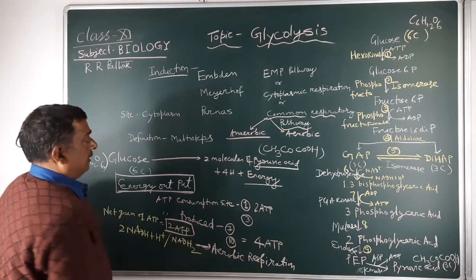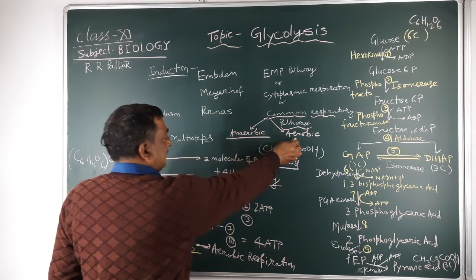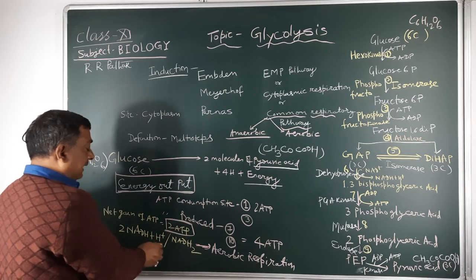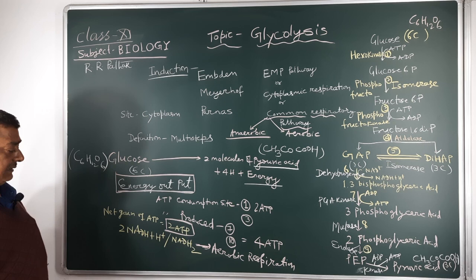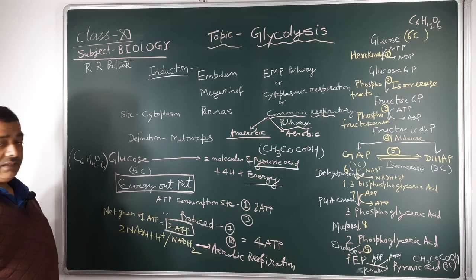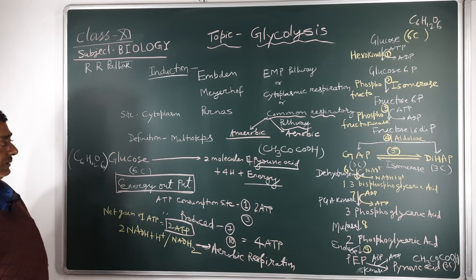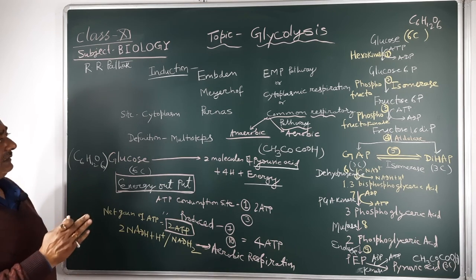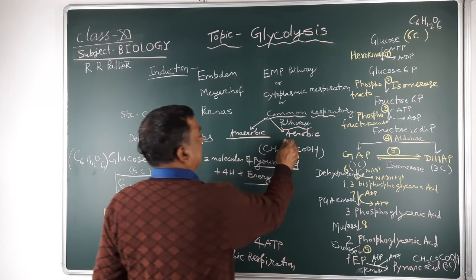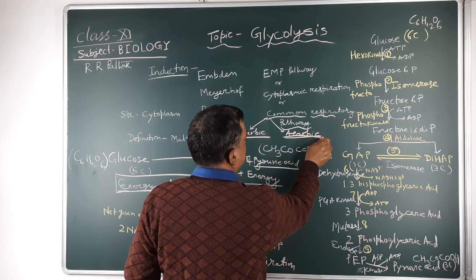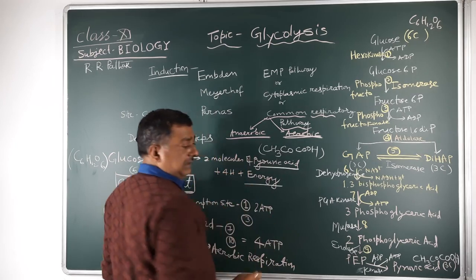But in aerobic respiration, 2 NADH2 also undergo electron transport system, and as a result, total ATP produced in aerobic respiration in part of glycolysis is 6. So that is why aerobic respiration is better than anaerobic respiration.